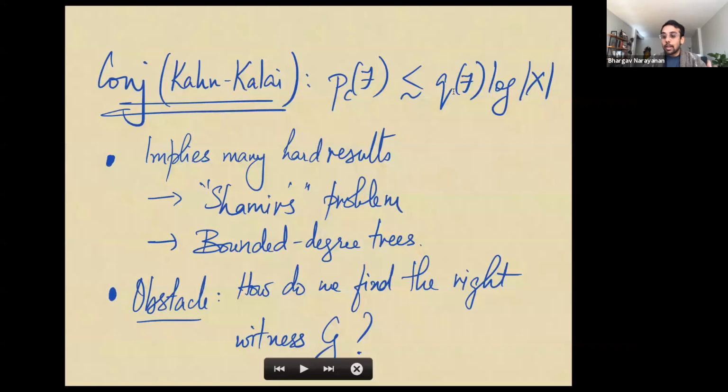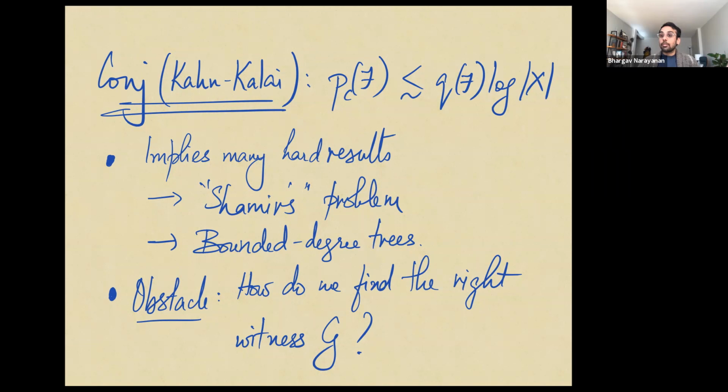And I should emphasize that it's a really, really strong conjecture because it immediately implies some rather hard results and problems in probabilistic combinatorics. For example, Shamir's problem on perfect matchings in random hypergraphs, the threshold for containing your favorite bounded degree spanning tree. A number of questions of this nature follow immediately if one can prove this.